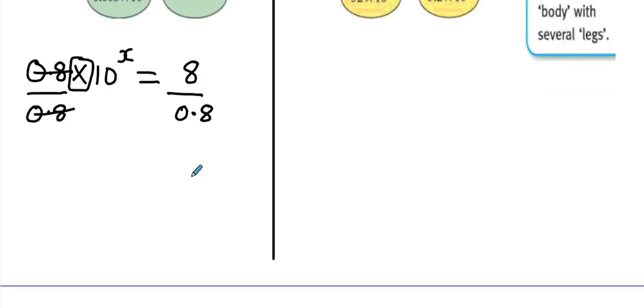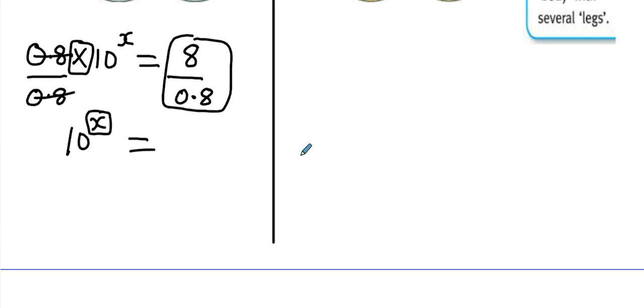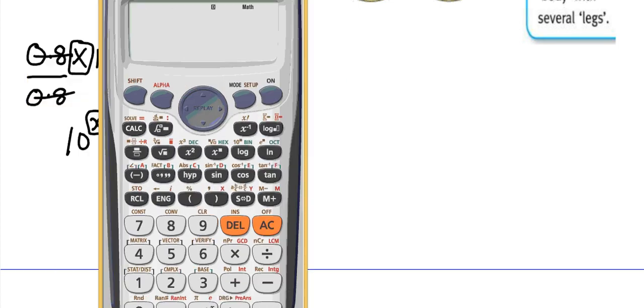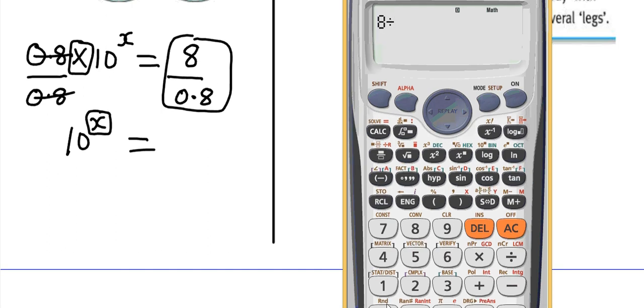So you are going to remain with 10 to the power of x. We are looking for the value of x. Now you can take a calculator and divide 8 by 0.8. Let us use a calculator for example. You do 8 divided by 0.8. See that? I'm getting 10.